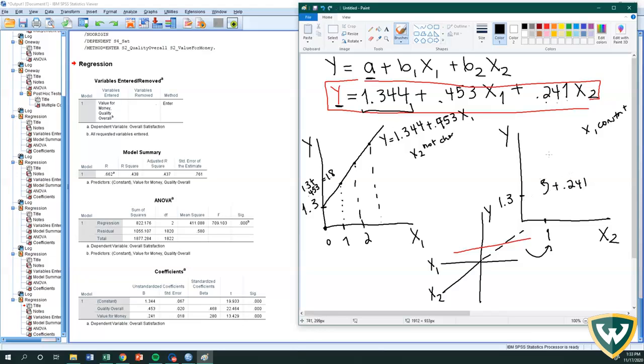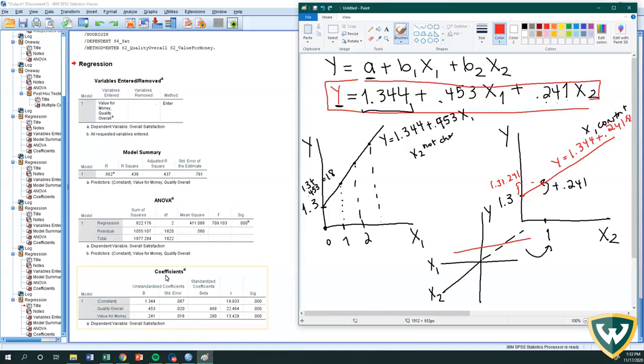So this one has a less steep slope over here. This is a depiction of the line 1.3 plus 0.241, the line 1.344 plus 0.241x2.